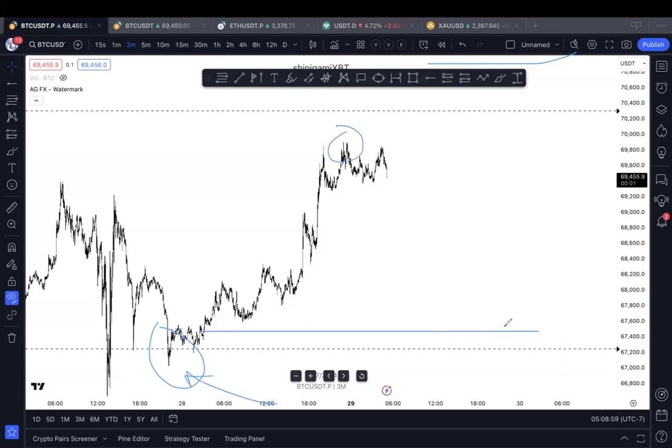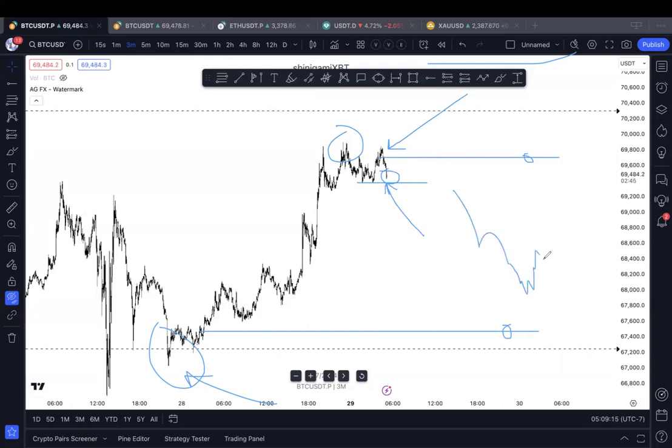Then the second is to mark out extreme points of interest. Even this is like an extreme point of interest right now. The third is to observe what current market price itself is doing. And the fourth is to observe what market price is doing in the middle, so you would be able to know if it's front running your second rule or not.